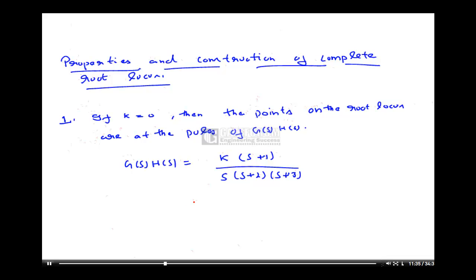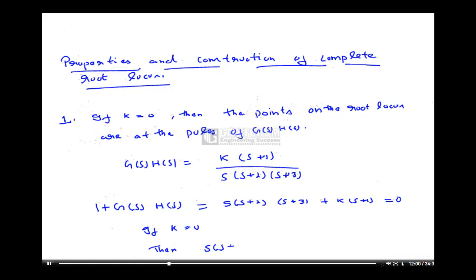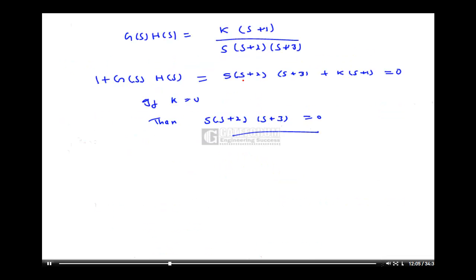Now the characteristic equation is 1 plus G(s)H(s), which will be s(s plus 2)(s plus 3) plus k times (s plus 1), which is equal to 0. If k equal to 0, then s(s plus 2)(s plus 3) equal to 0. Equating this equation means that I am finding the poles of G(s)H(s). So this is the first theorem, or first property, for k equal to 0.